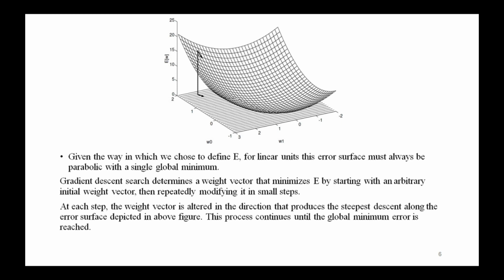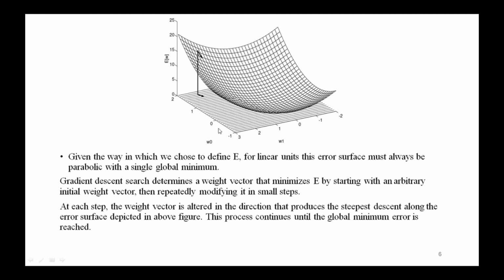That is, we desire a hypothesis with minimum error, right? Given the way in which we choose to define capital E for linear units, this error surface must always be parabolic with a single global minimum. As you can see, this shape is a kind of parabola.